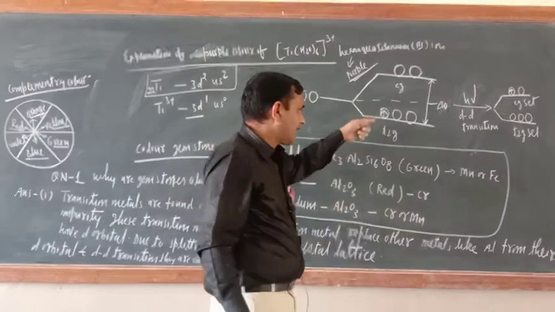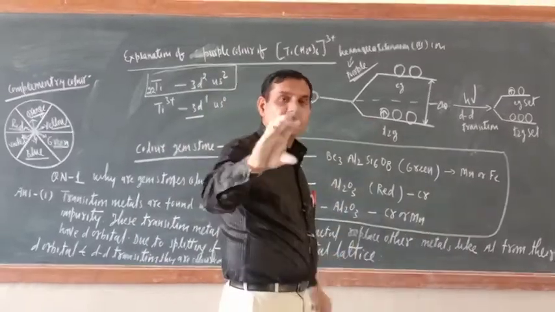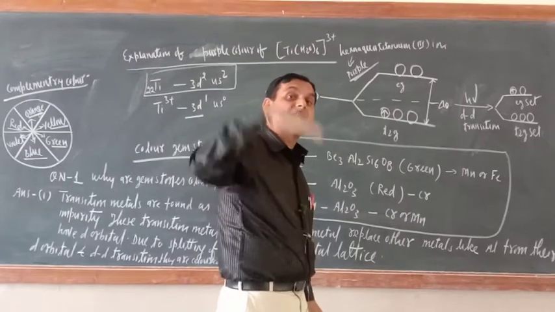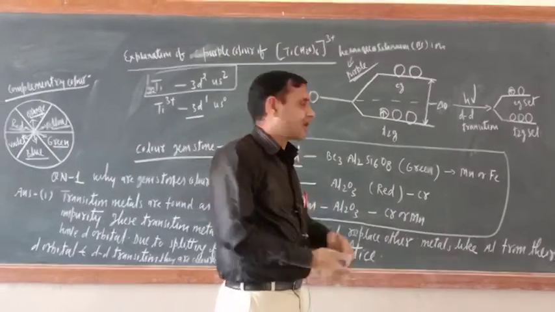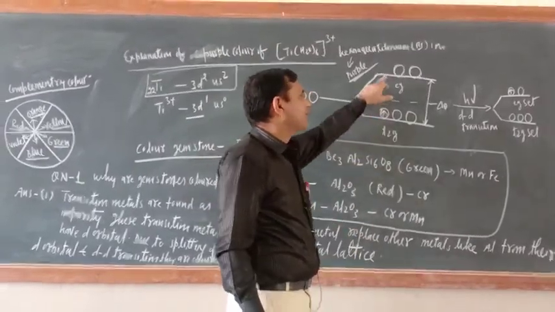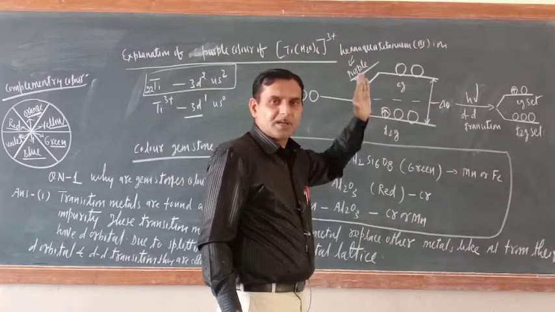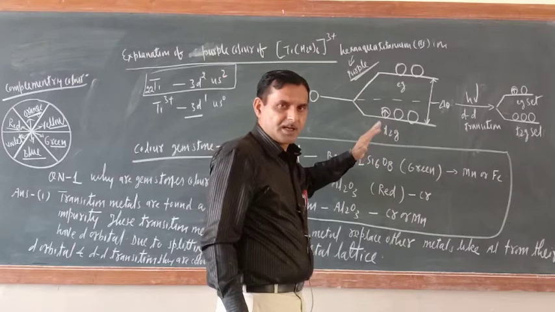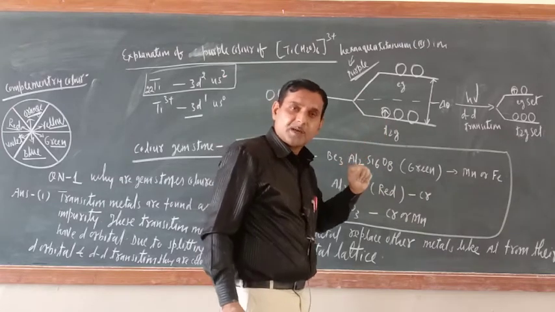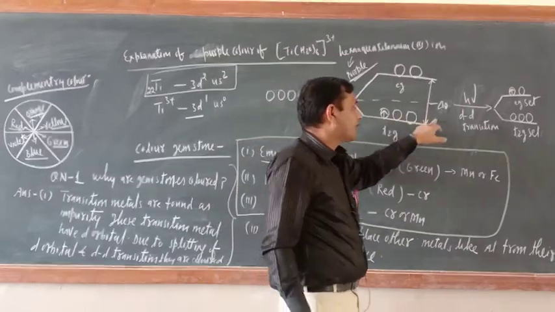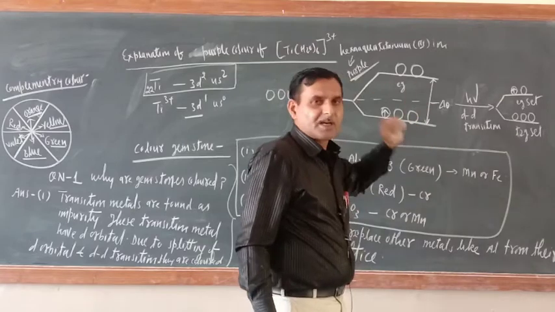Now the unpaired electron is here. This unpaired electron requires excitation energy to jump from the t2g to the eg set. So it will absorb energy. From where will it absorb the energy? It will absorb the energy from the visible region.